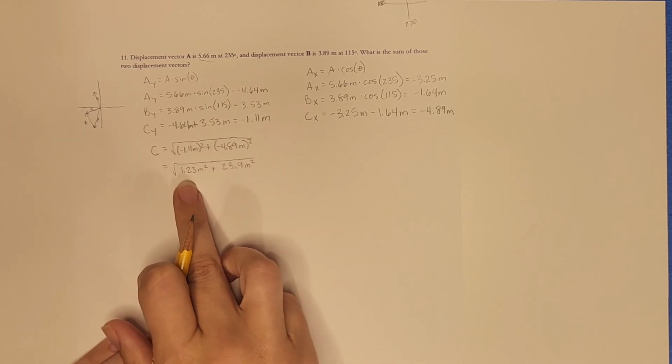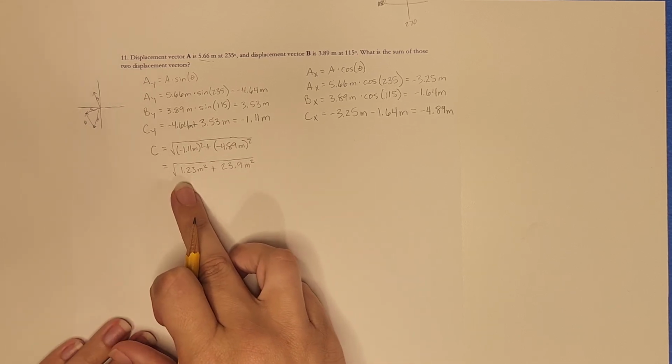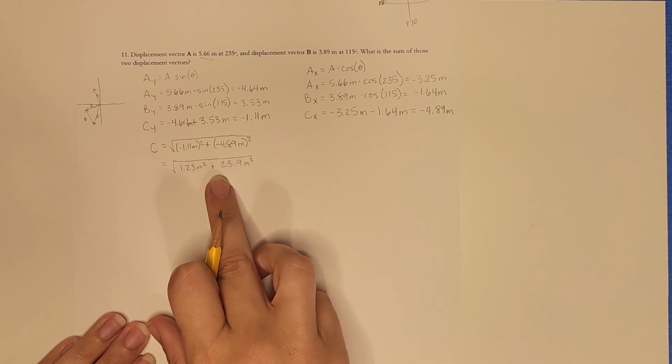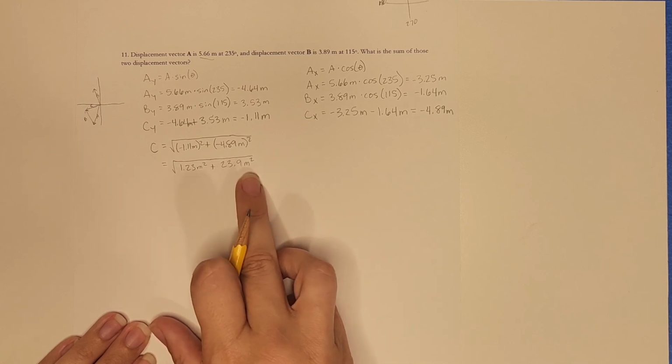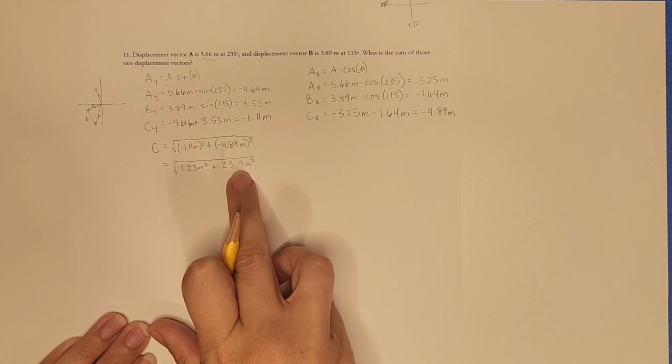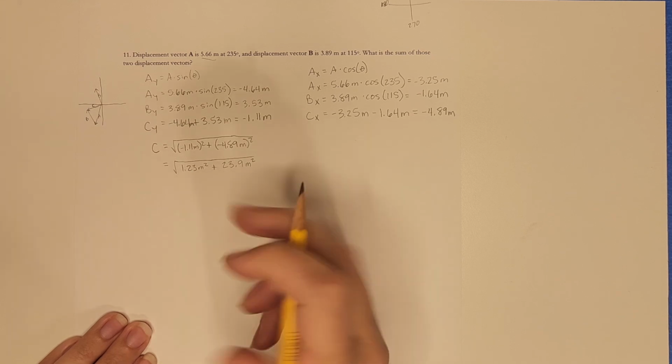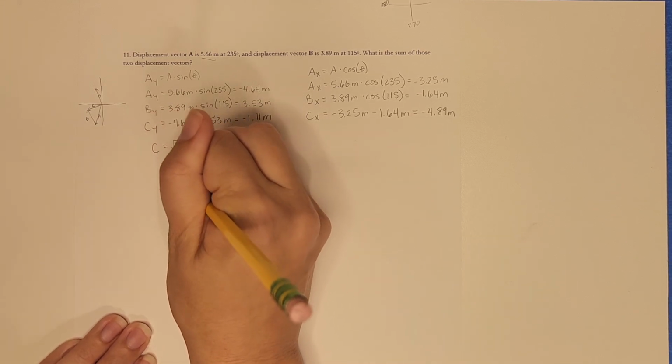Then when I add them, I have to add with significant figures to the least precise, so I'll be rounding to the nearest tenth.